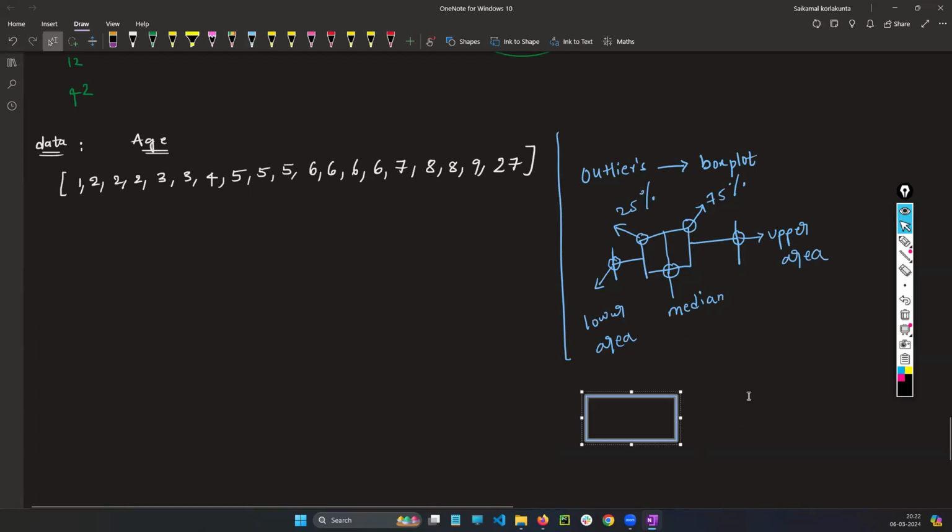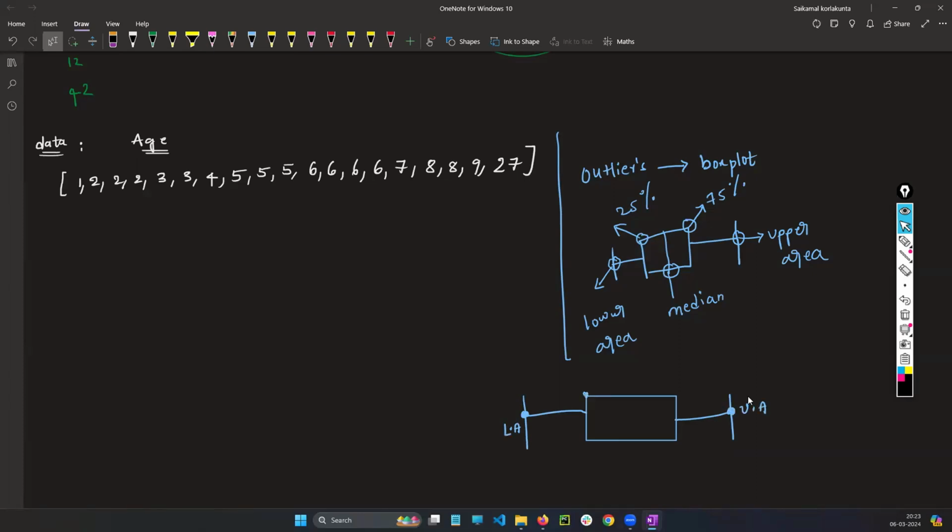In Google, if you search, it looks like this. Let me write here clearly. You will see something like lower area and upper area.